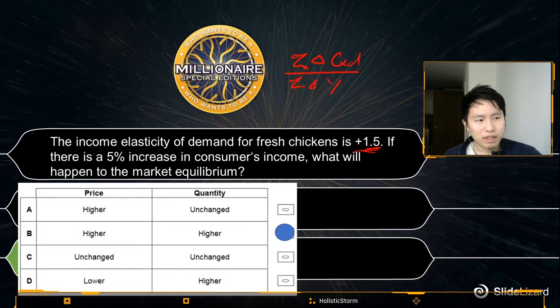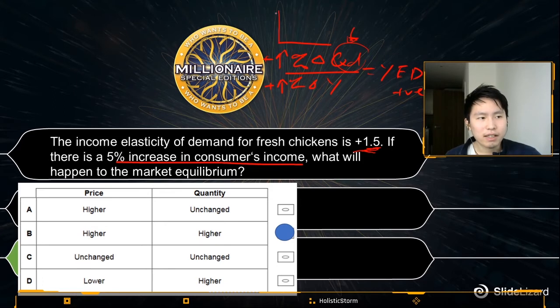So if this YED is positive, it means that when there's a positive increase in income, there's a positive increase in the quantity demanded for the product. And therefore, this means if there's an increase in our income, people would buy more chickens and there will be a higher demand. And as we know, if there is a higher demand in the market, there would be a higher market price. Yeah. And a higher quantity as well. So both the price and quantity would be higher.